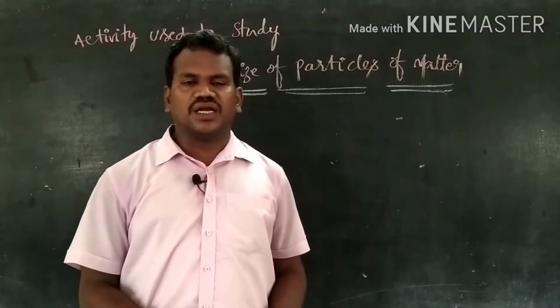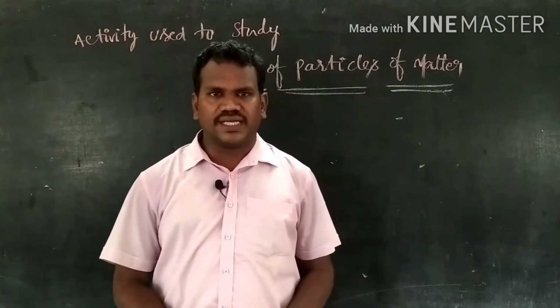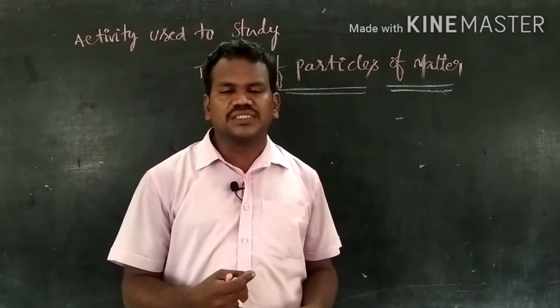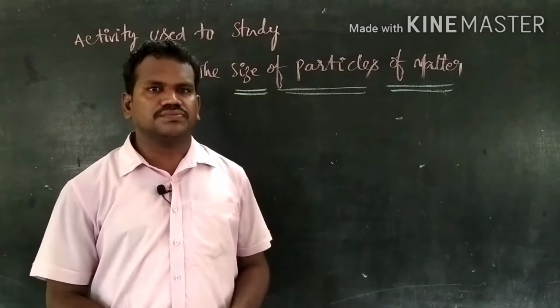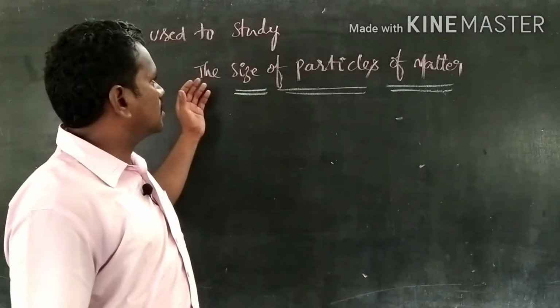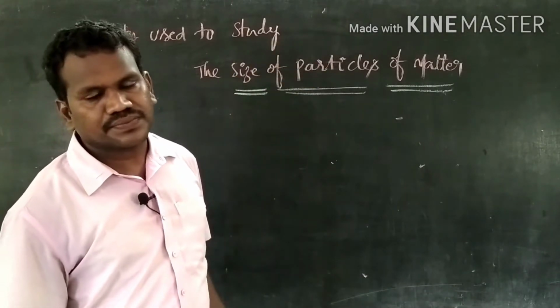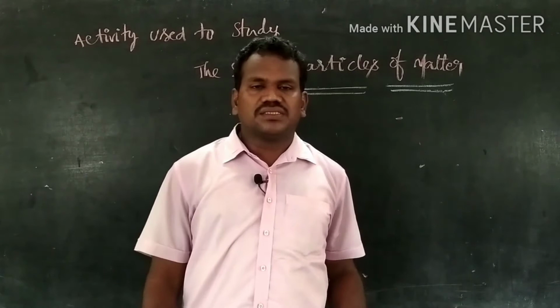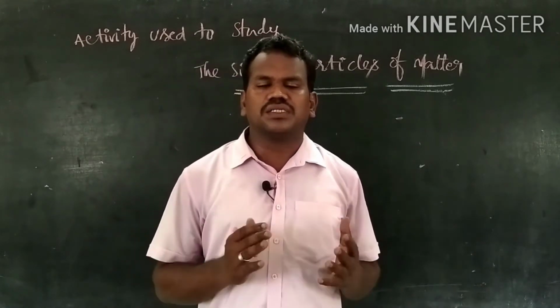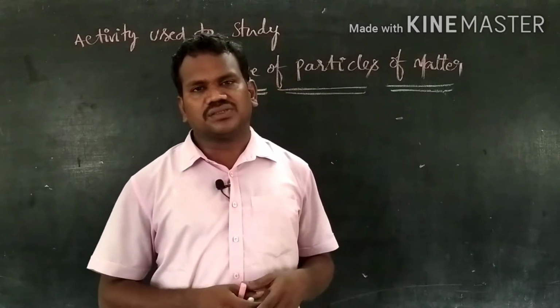Students, we already learned that every matter is made up of particles, however small the particles may be. Now in this activity we are going to learn the size of those particles of matter. Size may be big, small, or very small. They are tiny particles.